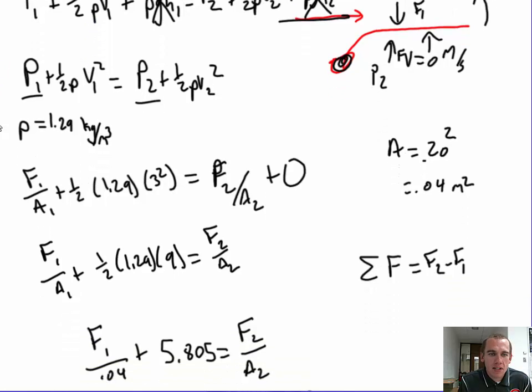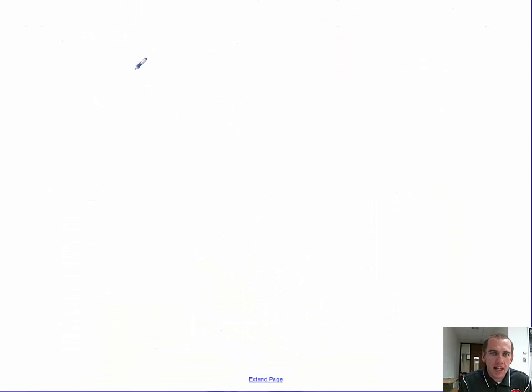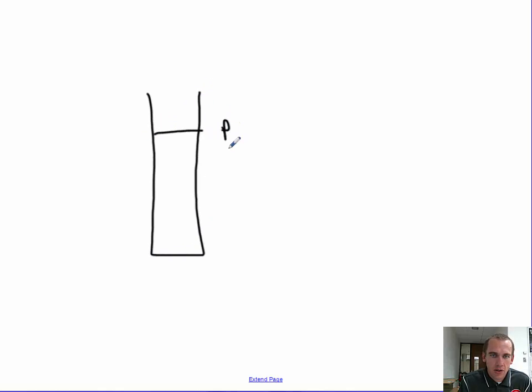Sometimes, in a column of water, say, if you had a pressure here, P1, and a pressure here, P2, according to Bernoulli's equation, and this is not moving, the kinetic energy at both places would be the same.